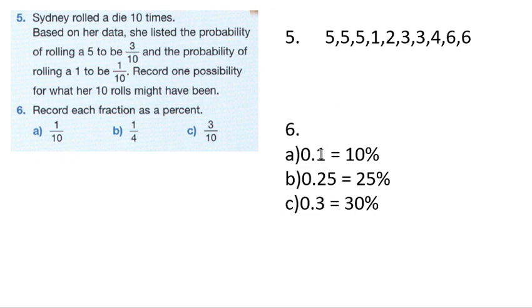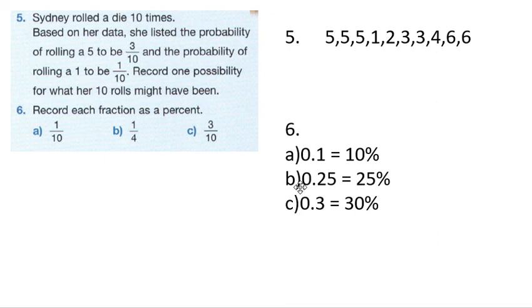And because I've written it as 0.1, we can say that as 10%, which we learned in the previous chapter. 6b, 1 over 4, I can call it 1/4. 1/4 I've written here as 0.25. That's 2/10, 5/100ths, and there's our 25%. And our 3 over 10 can be written as 3/10 or 30%, and there's our 0.3.